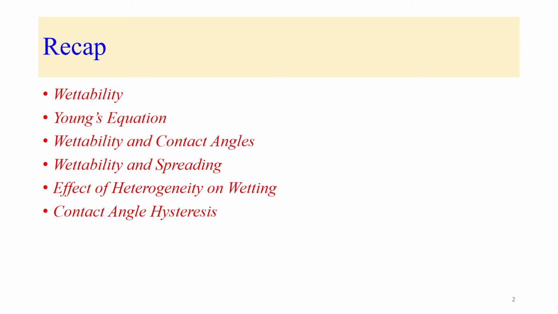So, in today's lecture we will start with what adhesion is and what cohesion is. Followed by that, we will see the interaction between two liquids, which is a sort of cohesion, and then the solid-liquid interface, the adhesion.